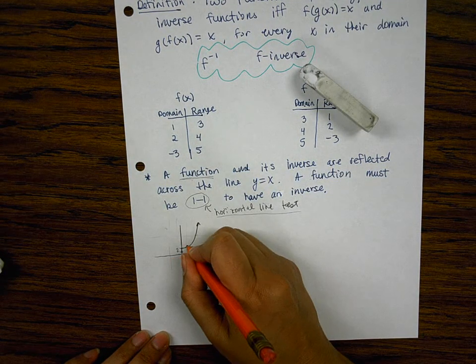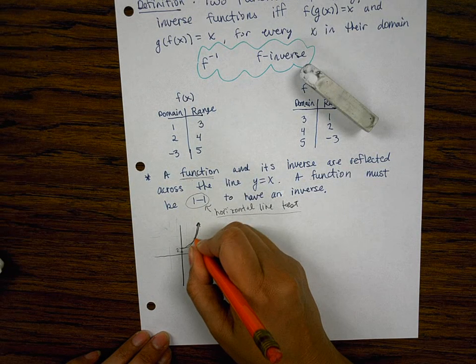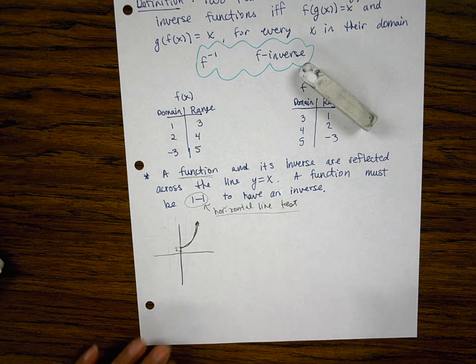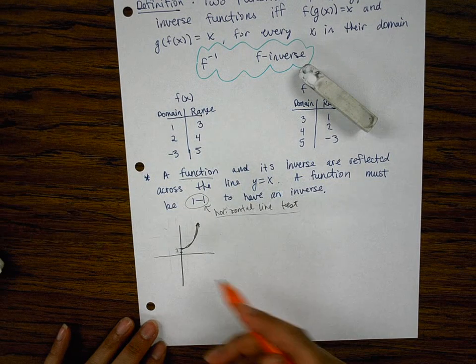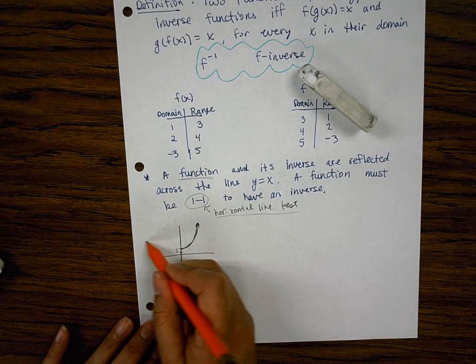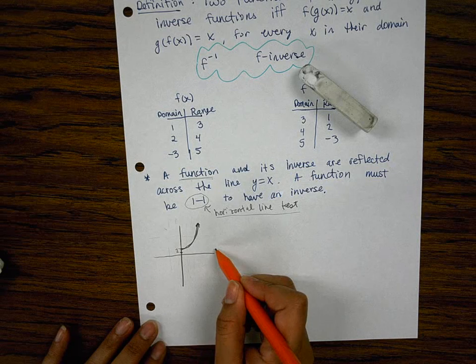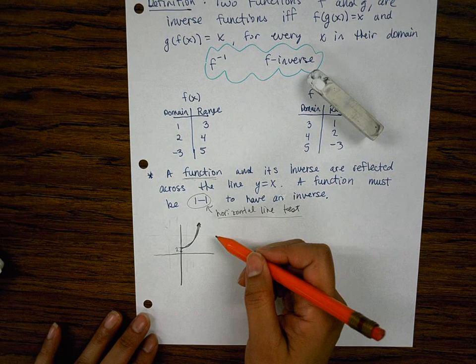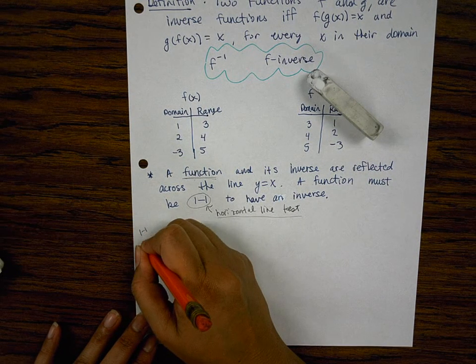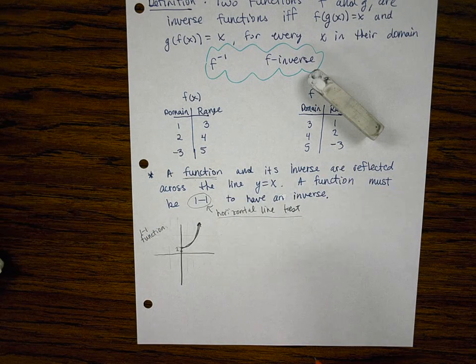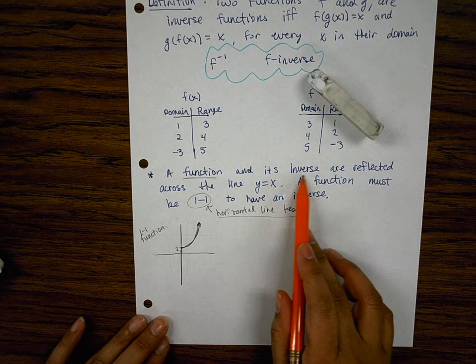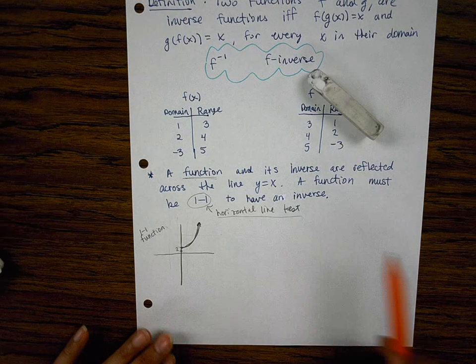So in order to make it 1-to-1, you will typically see only half of the parabola, whether it's the right half or the left half, it doesn't matter. I'm just going to do the right half of that parabola. Now, it still passes the vertical line test, and because I've erased the other half, it now passes the horizontal line test as well. So now this is a 1-to-1 function.